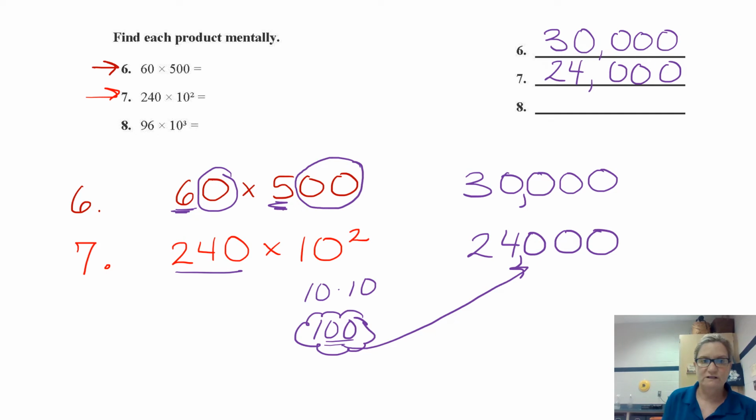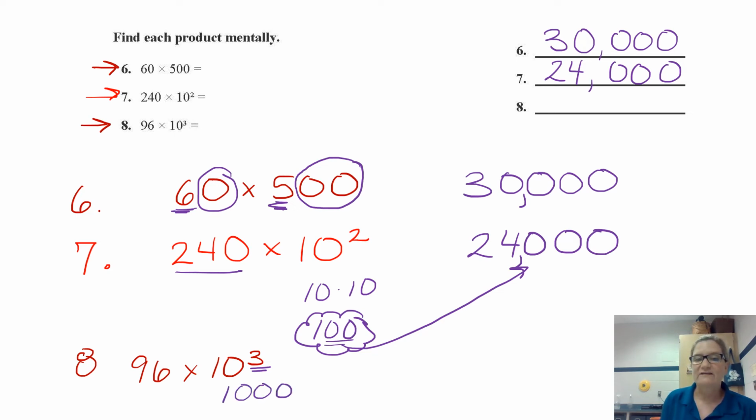All right, question number 8. We have 96 times 10 to the 3rd power. In my head, I know that 10 to the 3rd power has 3 zeros. It's a 1 with 3 zeros.